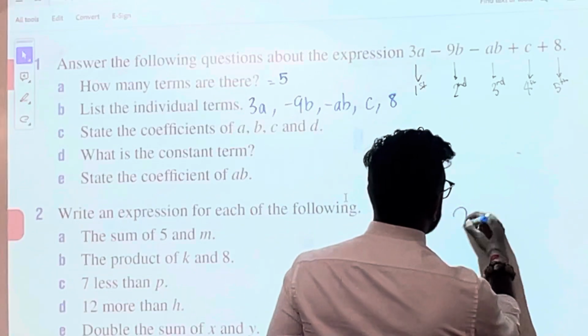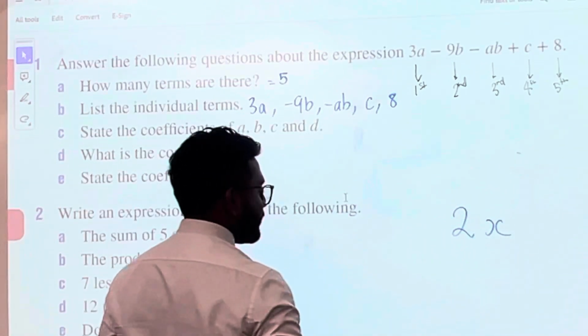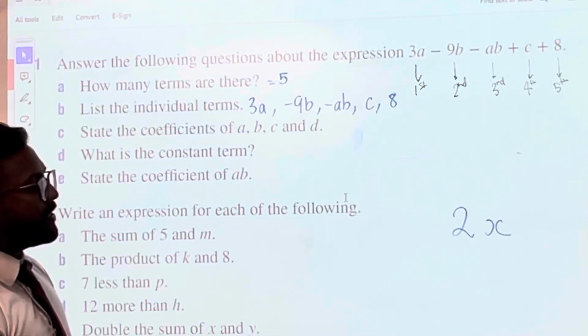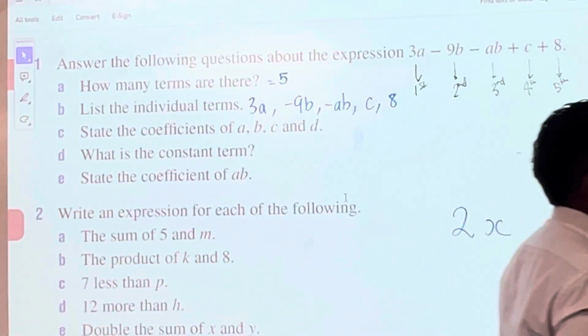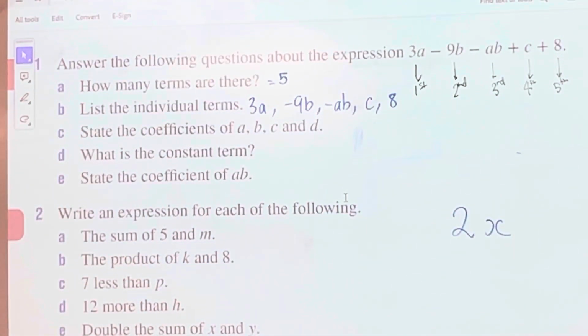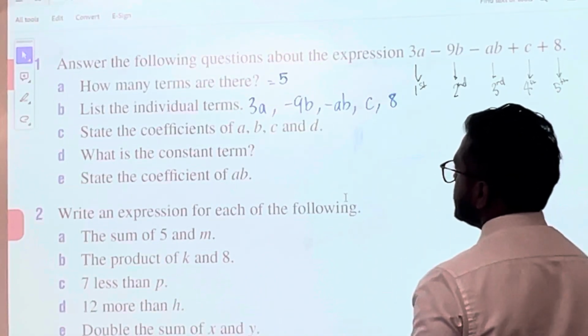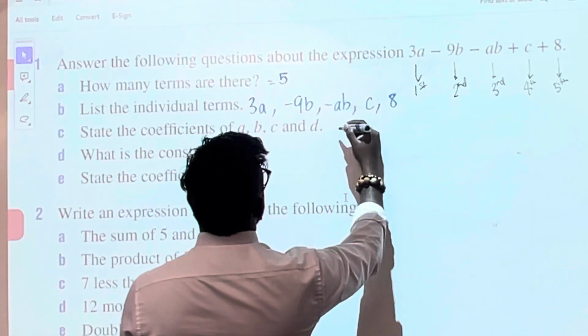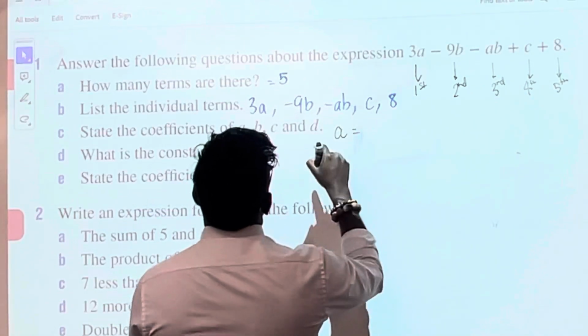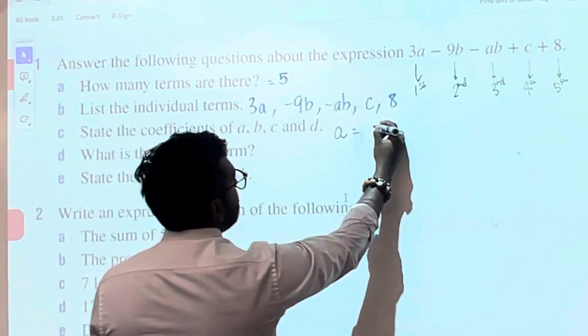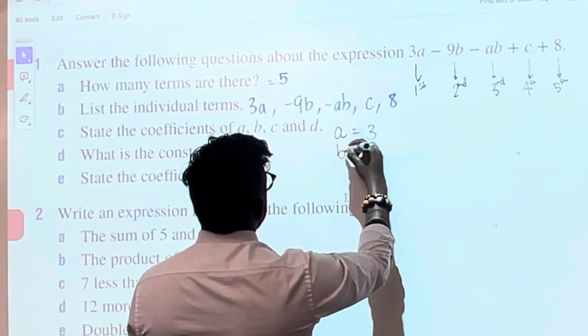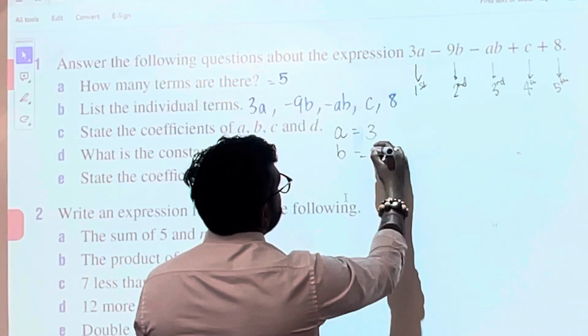State the coefficients of a, b, c, and d. Now, if I said, for example, 2x, the coefficient for 2x is essentially the number that comes before this particular variable. So in this scenario, the coefficient will be 2. Okay? So in this question, state the coefficient of a. The coefficient for a is going to be 3. The coefficient for b is going to be -9.